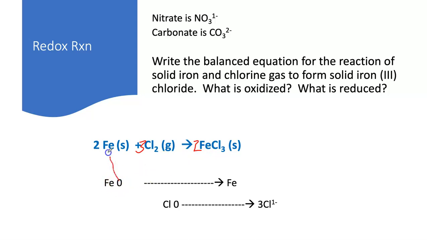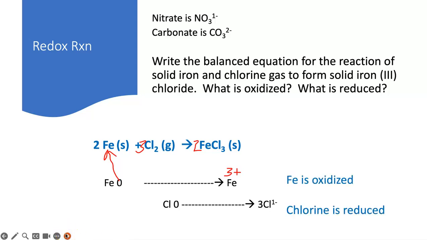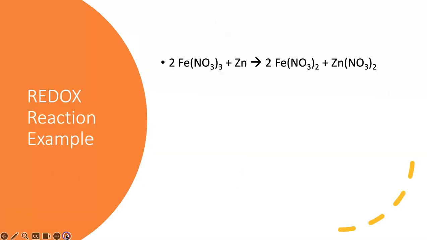And so right here, iron is a 0 charge. Here, iron is going to be a 3+ charge. So our iron goes from a 0 charge to a 3+ charge, whereas our chlorine goes from a 0 charge to a -1 charge. So who's oxidized? Who's reduced? Of course, iron is oxidized in this case, and chlorine is reduced.